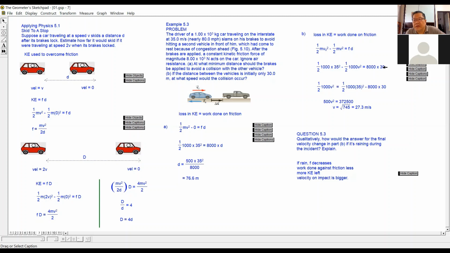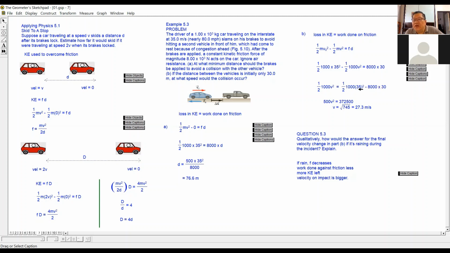So we try to solve for the value of v from this equation. Bring the numbers to one side. The term involving v squared you just leave on the left hand side. Using the calculator, you evaluate the initial kinetic energy minus the work done. That will be how much kinetic energy you have left before the car hits the truck.